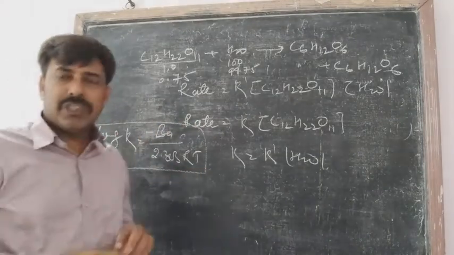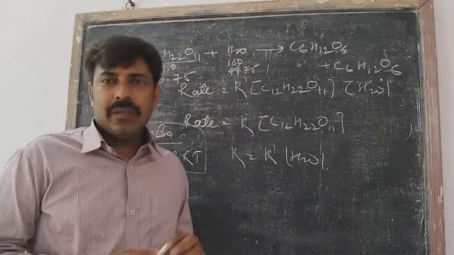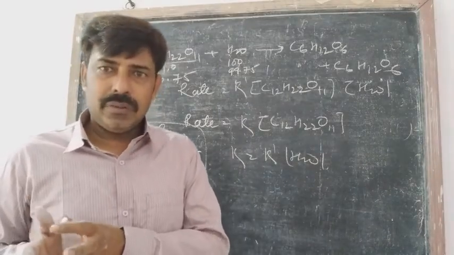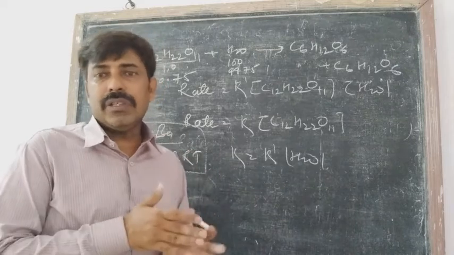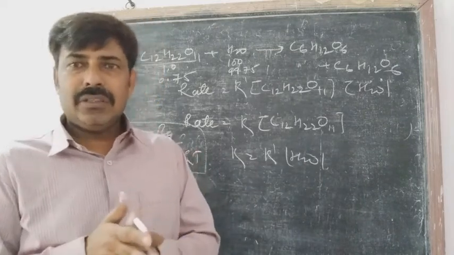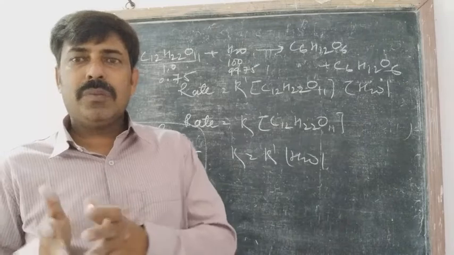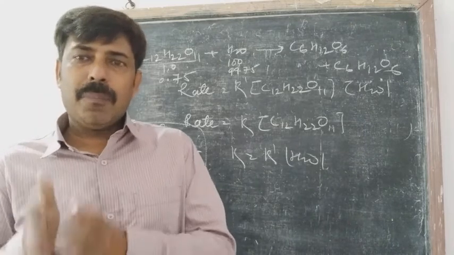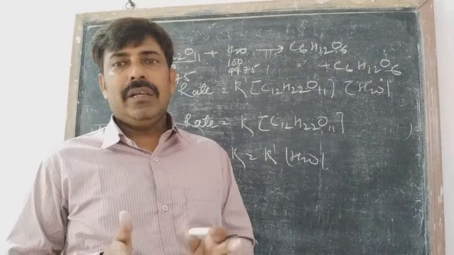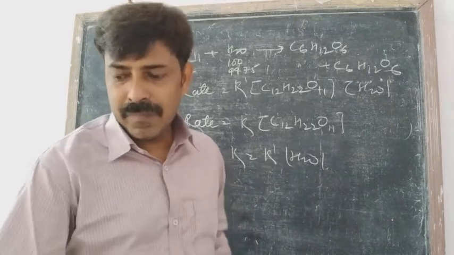On the basis of this equation, we can find how the rate constant varies with the variation of temperature. When you take two different conditions, temperature T1 and temperature T2, then at that condition the rate constant will change from K1 to K2, and on deducting these two equations, you can easily find how the rate of reaction varies with the temperature.